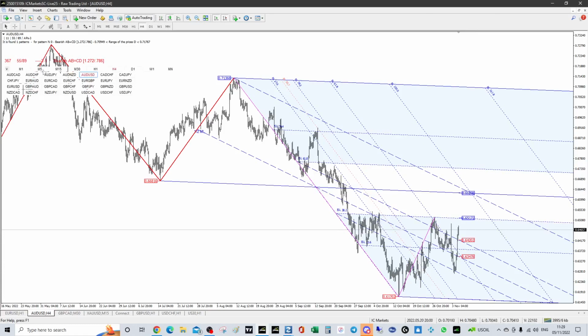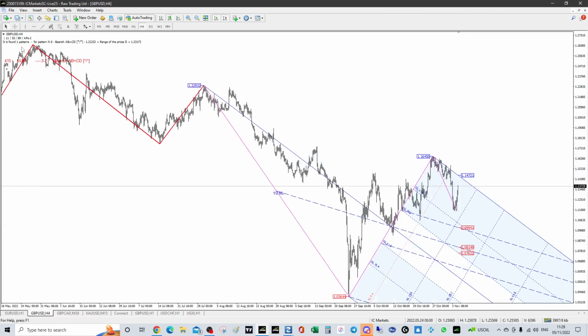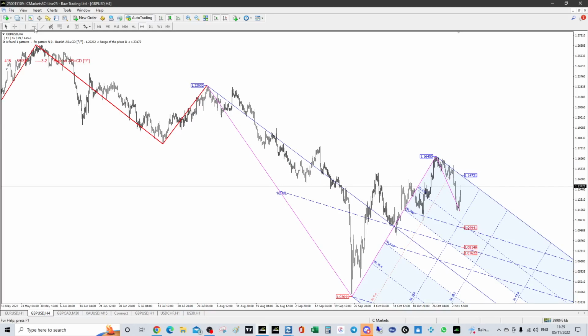And then we'll look at GU, and I won't show you UJ because it's absolutely bonkers. It doesn't make any sense from a harmonic view. So GU is interesting because we're above that 50%, here. So that's your halfway point between that swing high to swing low.